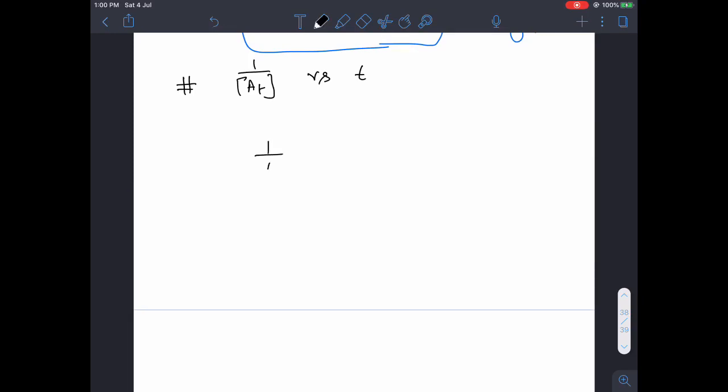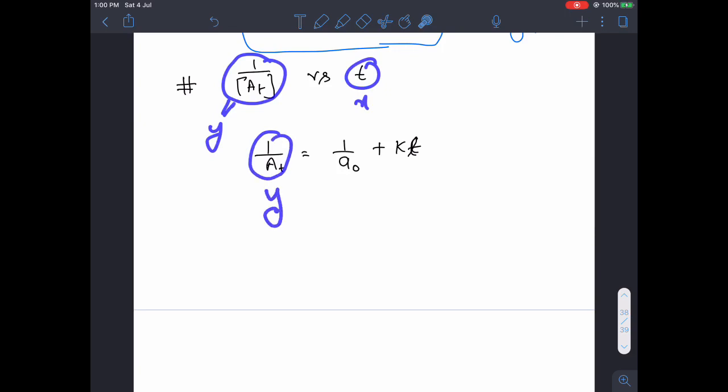So 1 by A is equal to 1 by A0 plus k into t. So this will act as y and this is x. So can I say that this is nothing but y and this is some constant c, and this is t means x, and this k is nothing but the slope.